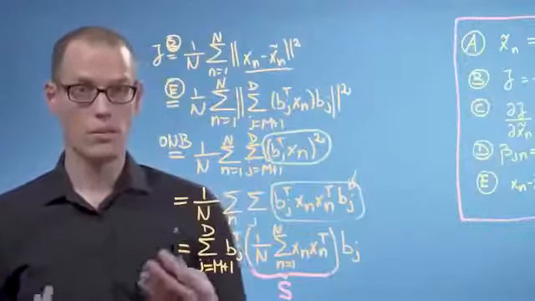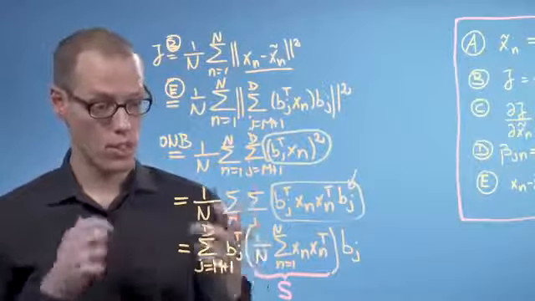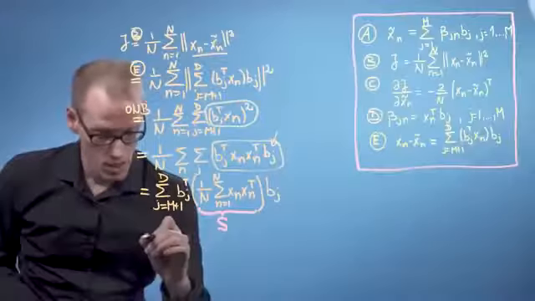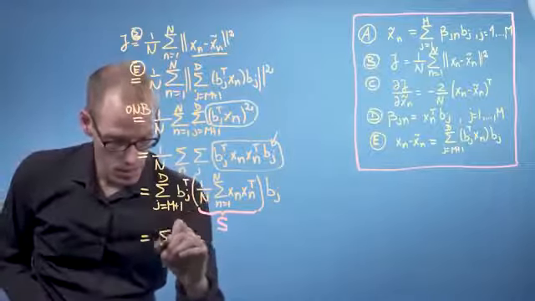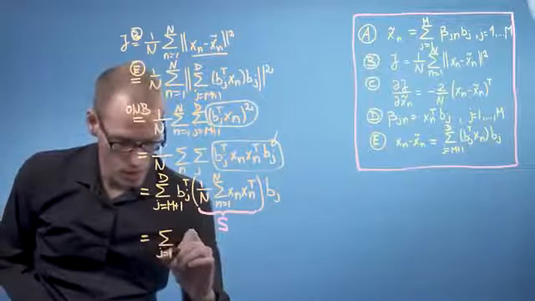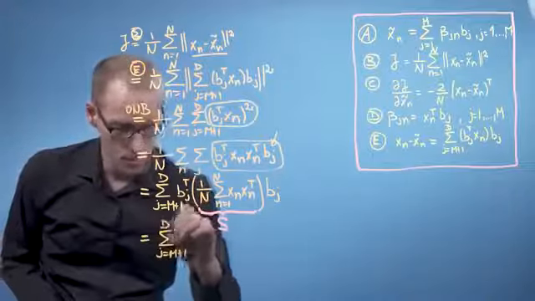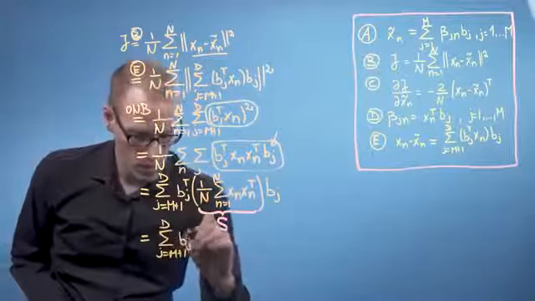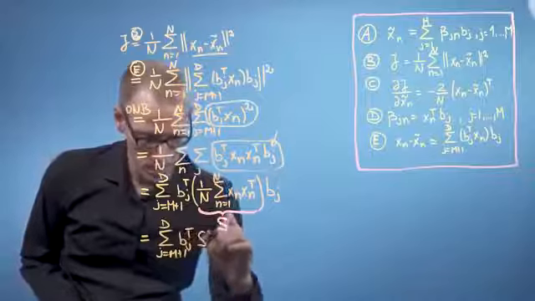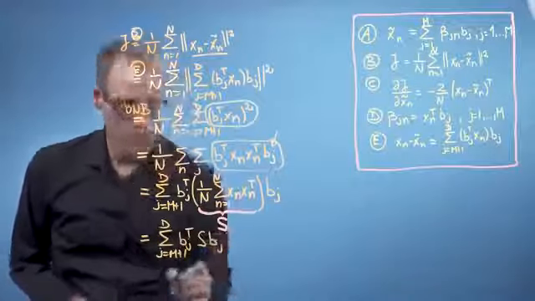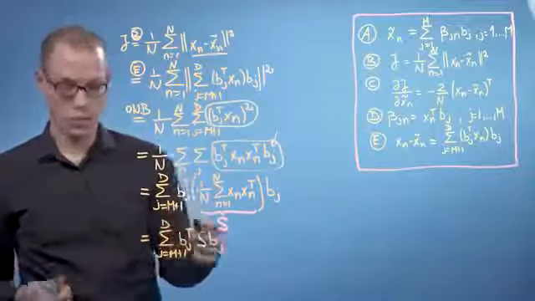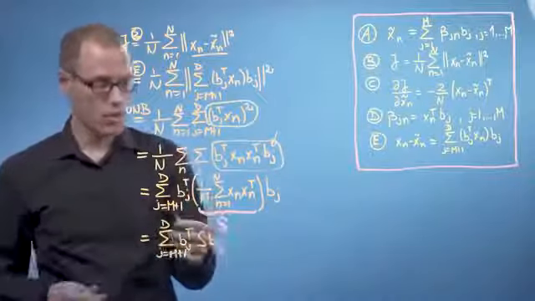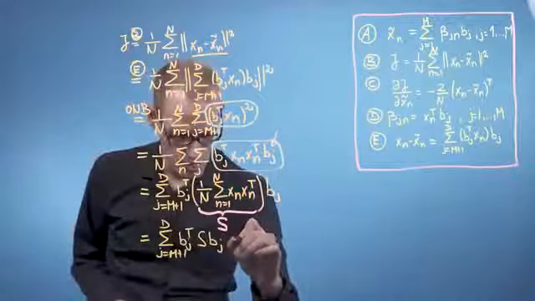This means now we can rewrite our loss function using the data covariance matrix, and we get that our loss is the sum over j equals m plus 1 to d of bj transpose times S times bj. And we can also use a slightly different interpretation by rearranging a few terms and using the trace operator.